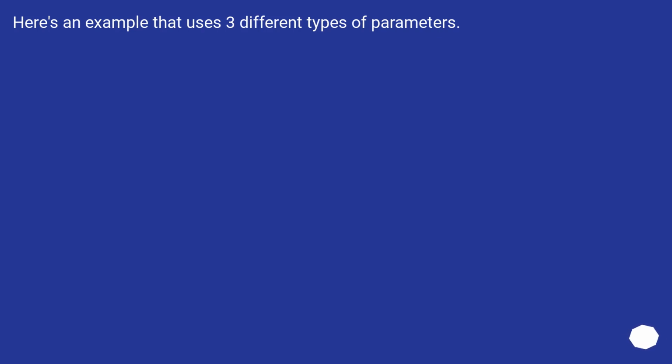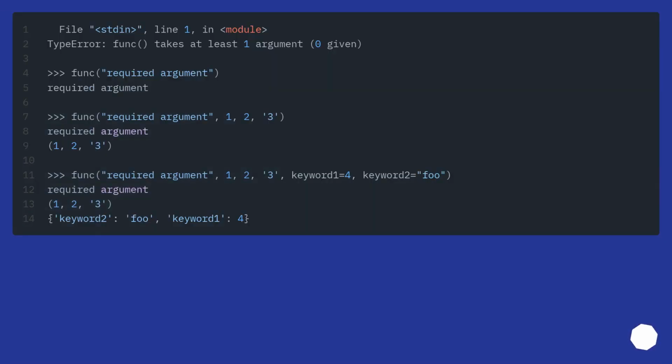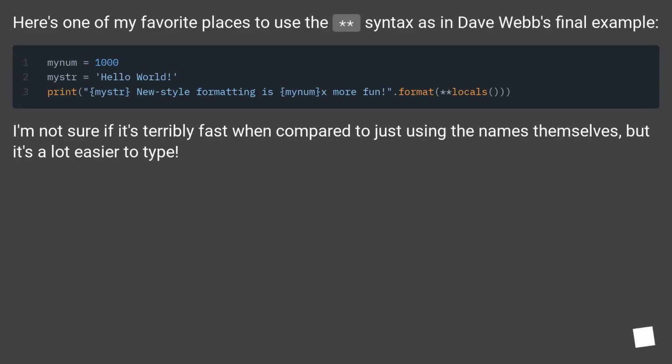Here's an example that uses 3 different types of parameters. Here's one of my favorite places to use the asterisk syntax, as in Dave Webb's final example.